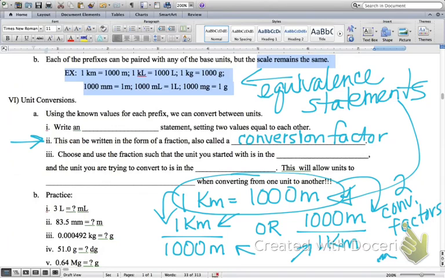So that's taking equivalent statements and writing them in the form of a conversion factor. Now, we're going to look at some practice problems and see how we can use equivalent statements and conversion factors to perform a given conversion. Okay?